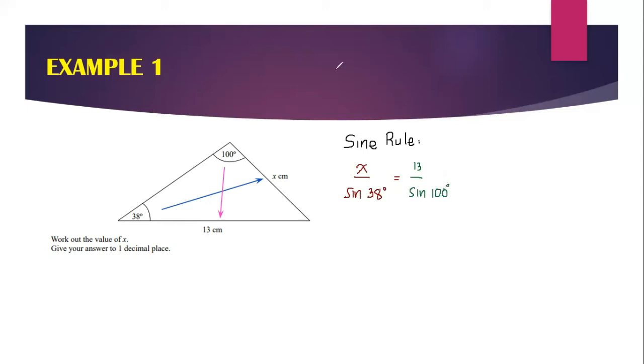Once again, x over sine 38 degrees equals 13 over sine 100 degrees. Okay, students, by doing cross multiplication, x sine 100 degrees equals 13 times sine 38 degrees.